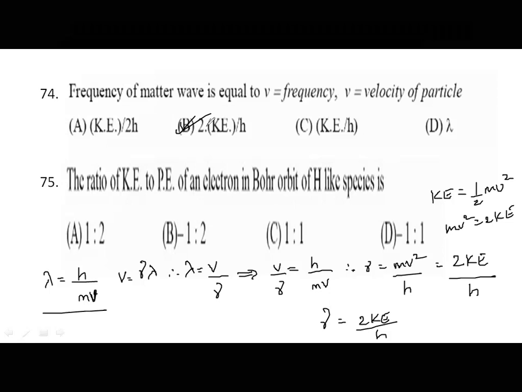So this is the question: in Bohr orbit of hydrogen-like species. Okay, so how do we find this? The ratio of kinetic energy to potential energy. Fine. So let us take here.